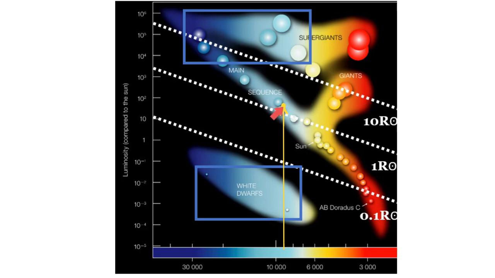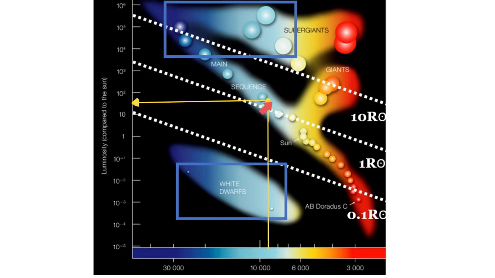That's a safe bet. And then taking that point and then projecting it leftwards to the luminosity axis, we find that it sits approximately between 10 and 100 times the luminosity of the sun.